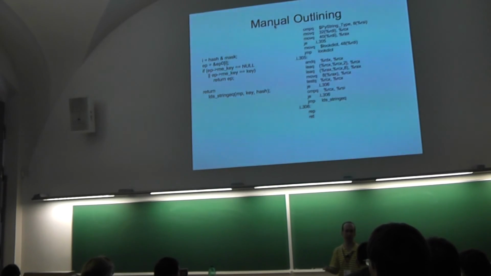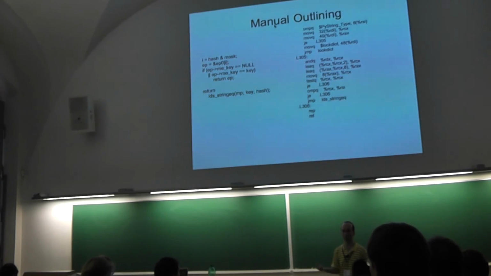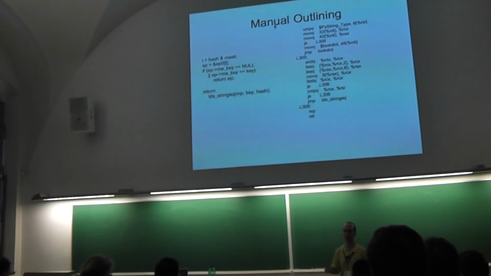But because of the ABIs that require a single prolog and epilogue, prior to our work on shrink wrapping, one is performing all this additional overhead for the uncommon case of either an error handler or some more complicated fallback routine.